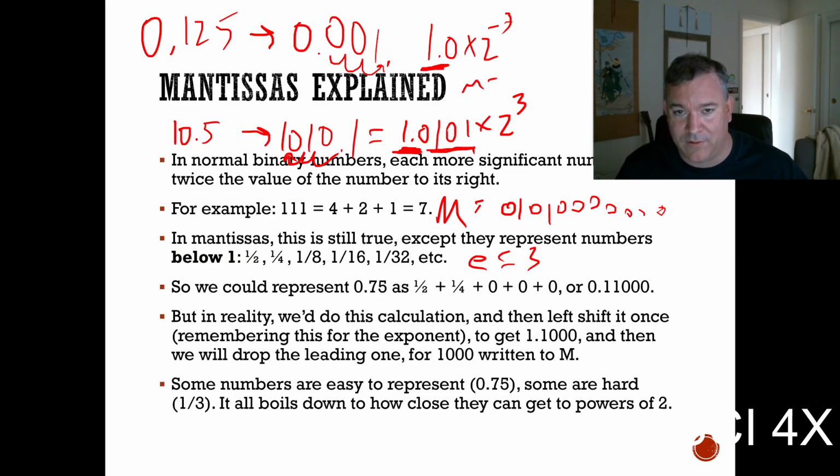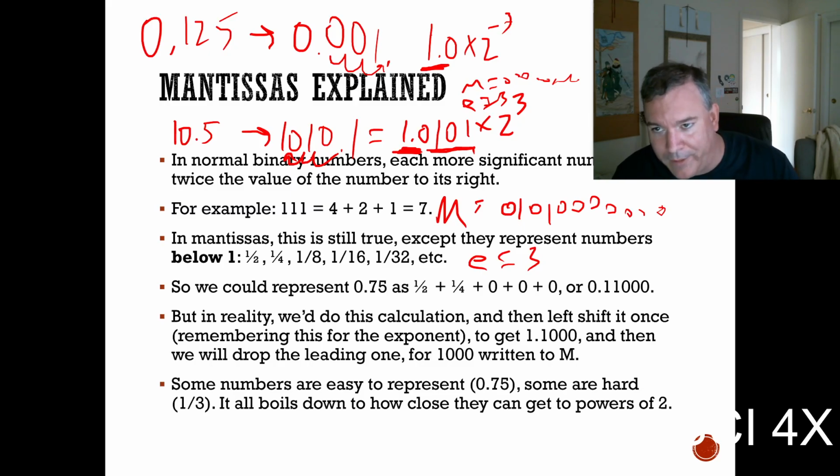For this one, the mantissa would be 0, 0, 0, 0, 0, 0, 0, 0. Do you guys see that? Because you do not need to save the 1, because there will always be a 1 there. And so for the exponent on this one, the exponent is going to be -3, right? Except it's not. I'm going to show you on the next slide. So the mantissa is all the bits after the first 1.